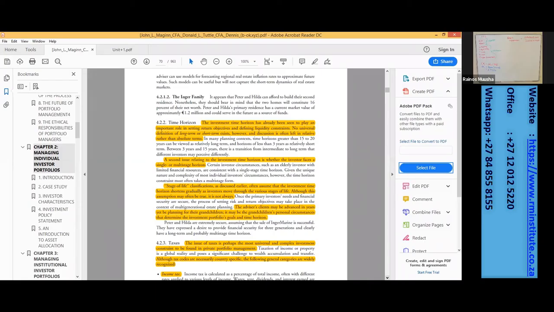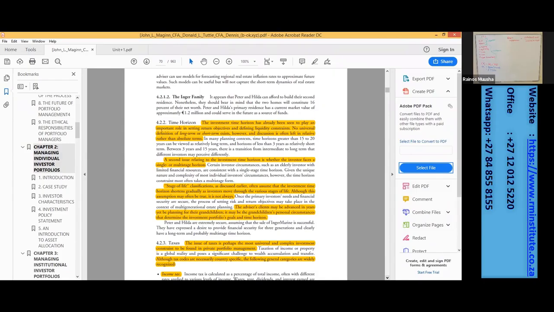Then in the next paragraph, they say, stage of life classifications, as discussed earlier, often assume that the investment time horizon shortens gradually as investors move through the various stages of life. Although this assumption is often true, it is not always true. Then if you skip the next sentence, they say the advisor's clients may be advanced in years, yet the planning of their grandchildren, or the grandchildren's personal circumstances, may determine the investment portfolio's goals and time horizon.